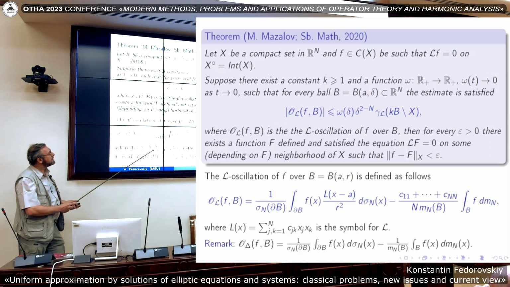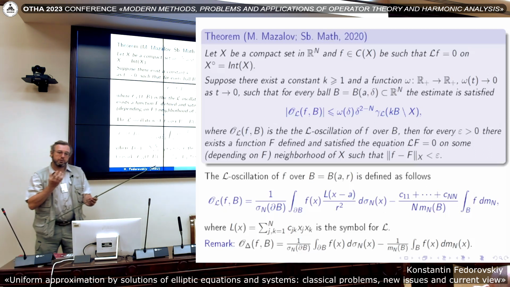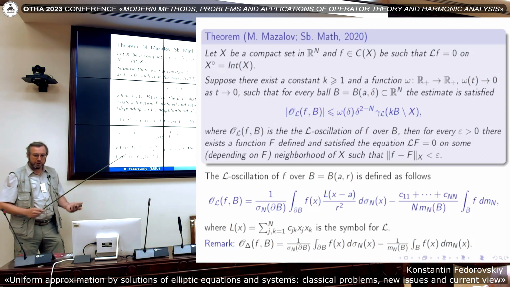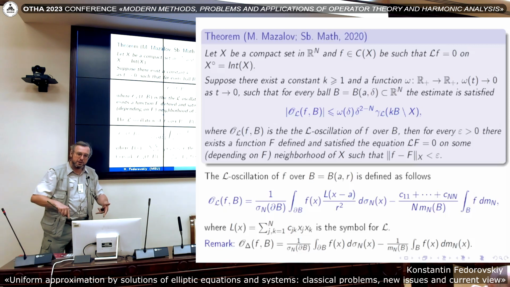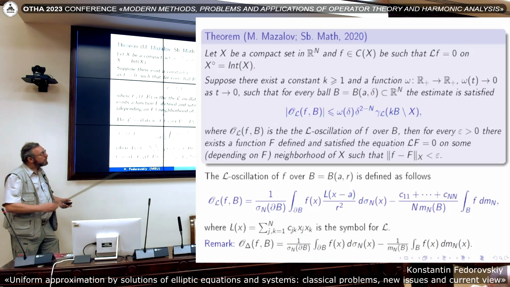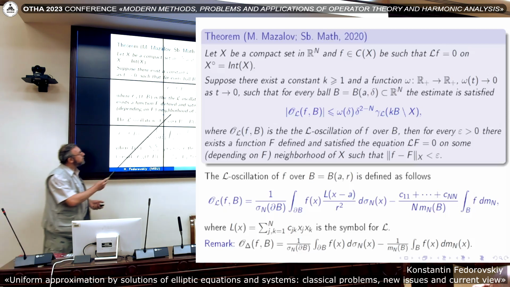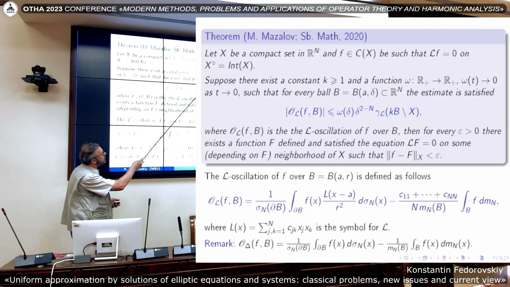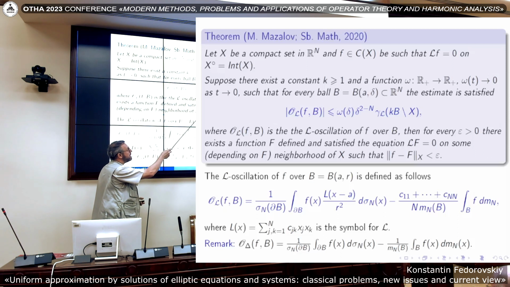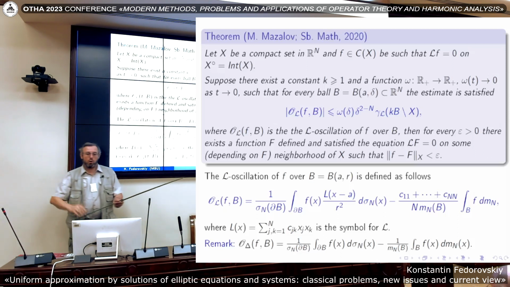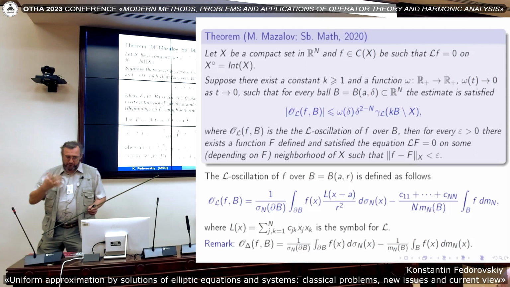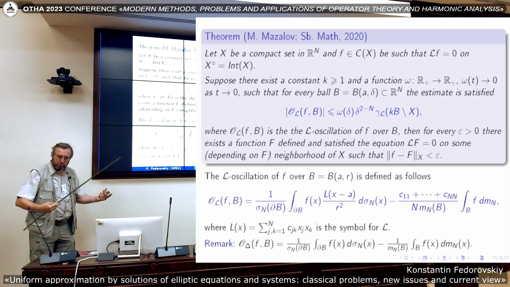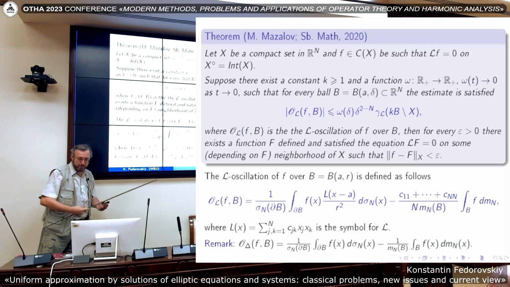And what does this quantity, this oscillation, in some sense measure? It measures the total mass of singularities of our function that are located in this ball B. And what we need is that this mass of singularities should be controlled by this capacity, which in some sense is also the mass of singularities, but of the whole class of functions that we want to use as approximants.